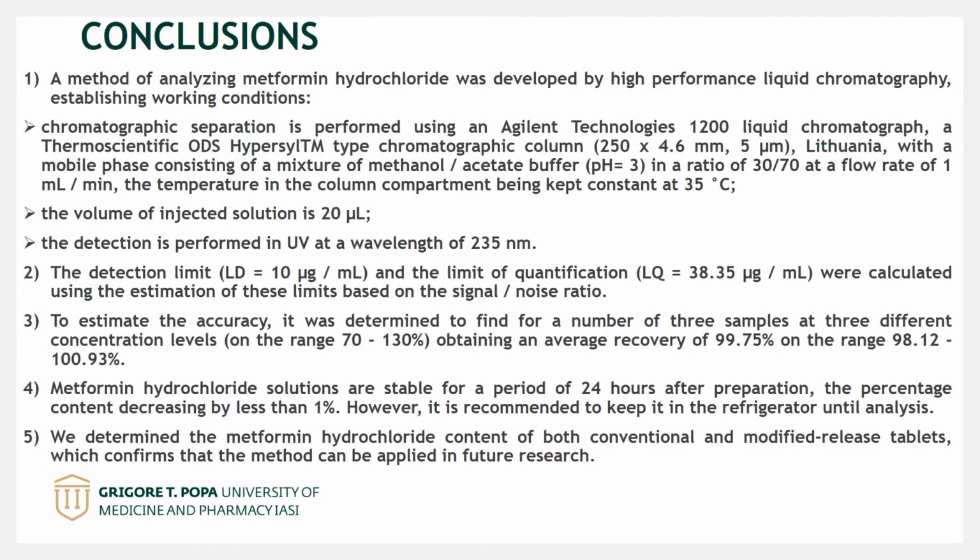Chromatographic separation is performed using an Agilent Technologies 1200 liquid chromatograph, a Thermo Scientific ODS Hypersil type chromatographic column, 250 by 4.6 millimeters, 5 micrometers, with a mobile phase consisting of a mixture of methanol and acetate buffer, pH equals 3, in a ratio of 30:70 at a flow rate of 1 milliliter per minute, the temperature in the column compartment being kept constant at 35 degrees Celsius. The volume of injected solution is 20 microliters. The detection is performed in UV at a wavelength of 235 nanometers.